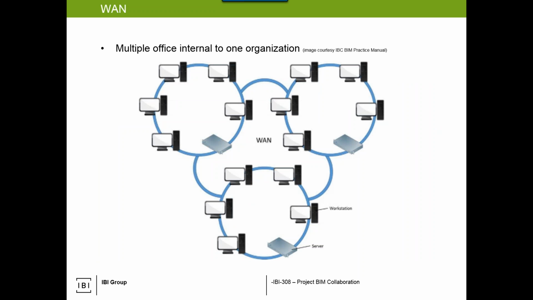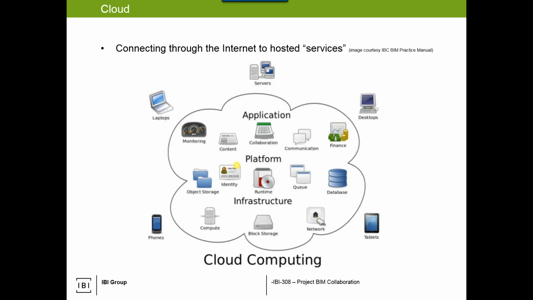Your WAN is your wide area network, and that's multiple offices within one organization, usually connected via a VPN tunnel that usually feeds through the internet, connecting office to office, and then each office has a local LAN. And then the cloud is, you have devices that connect via the internet to cloud-based resources or cloud computing.